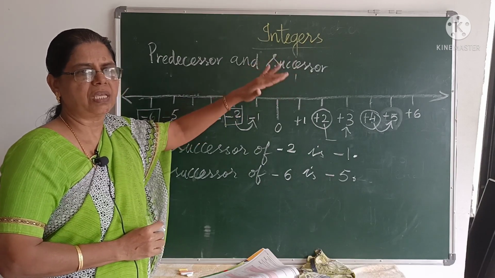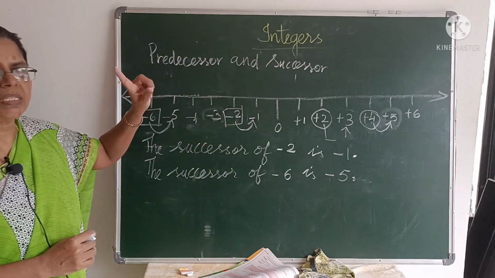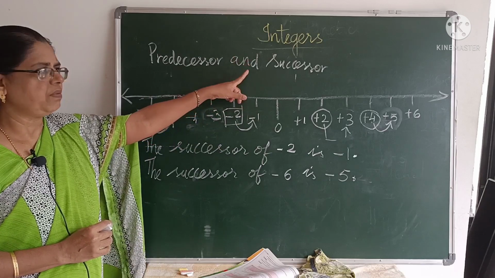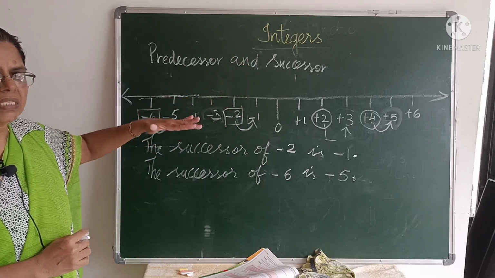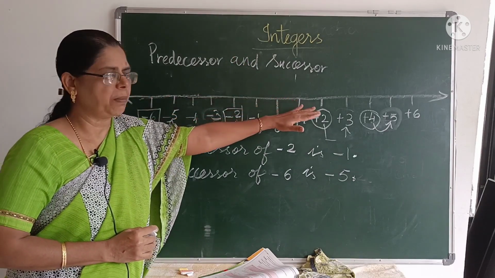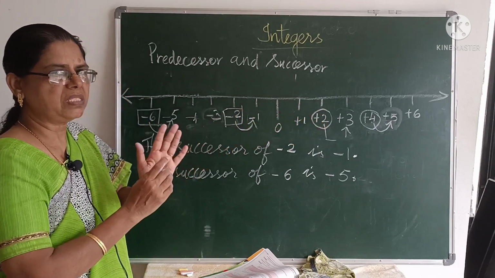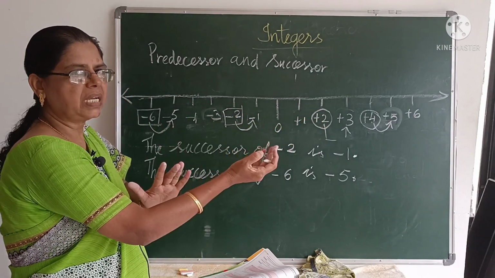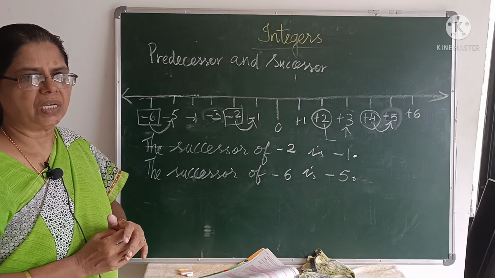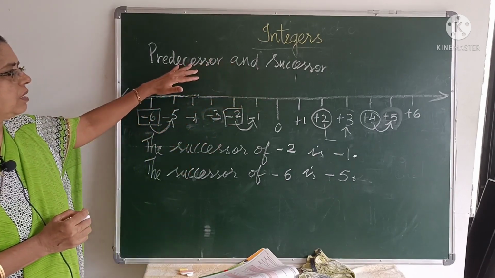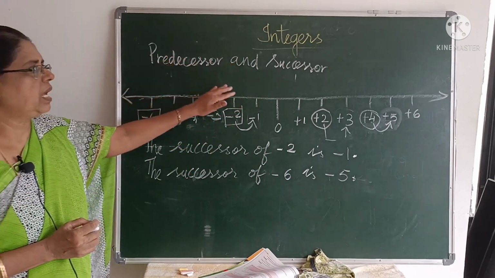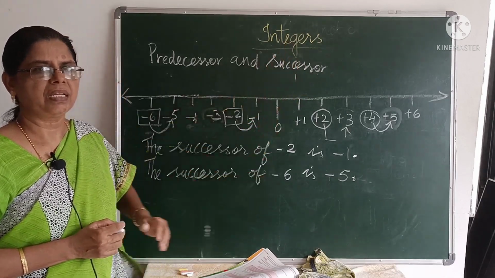The successor of the given integer is always 1 more than the given integer. To find out the successor of the given integer on the number line, you should always look at the right side of the given integer. Hope you have understood how to find out the predecessor and successor of the given integer.